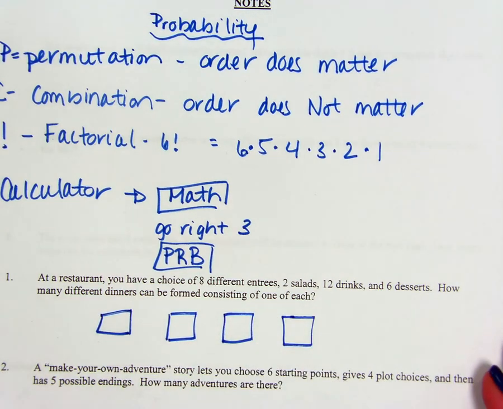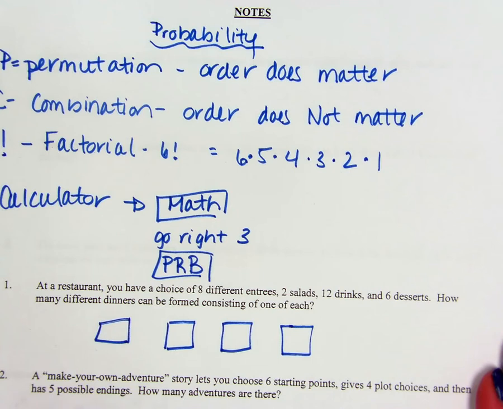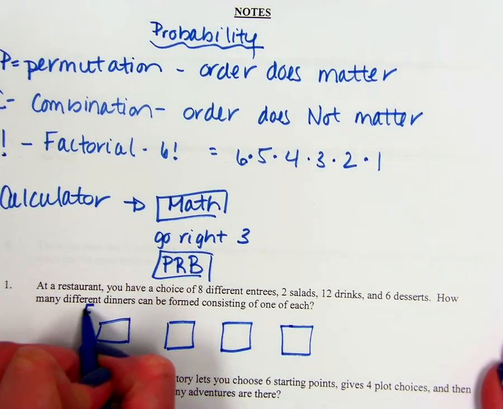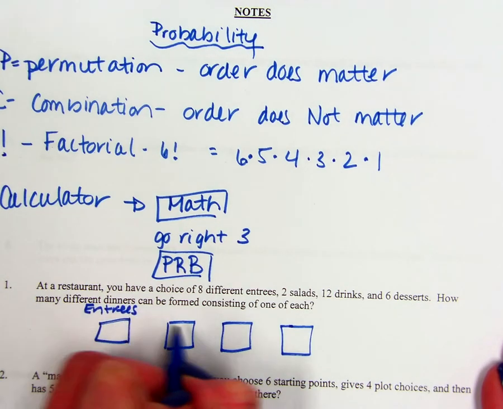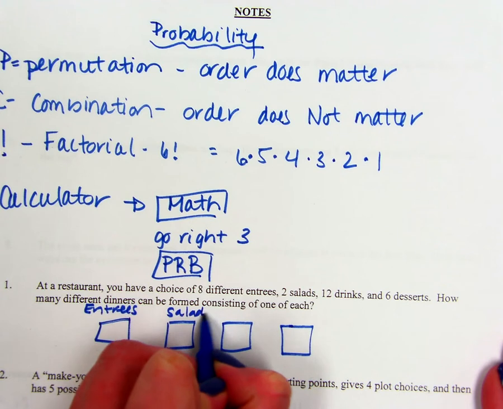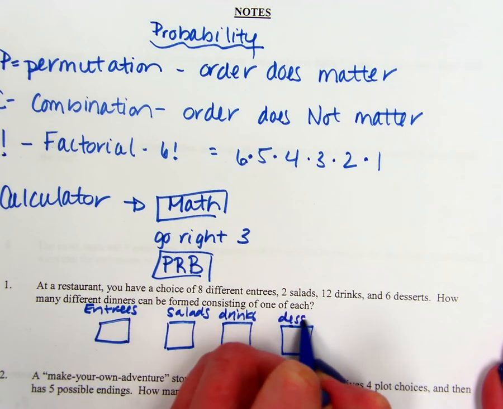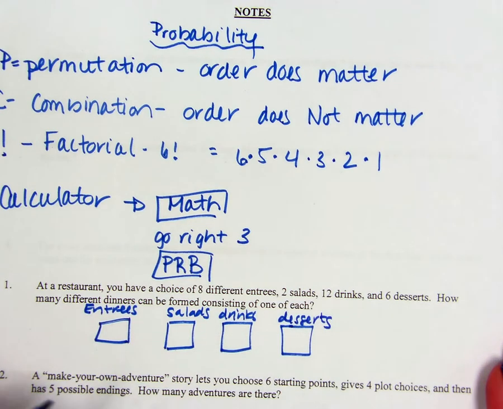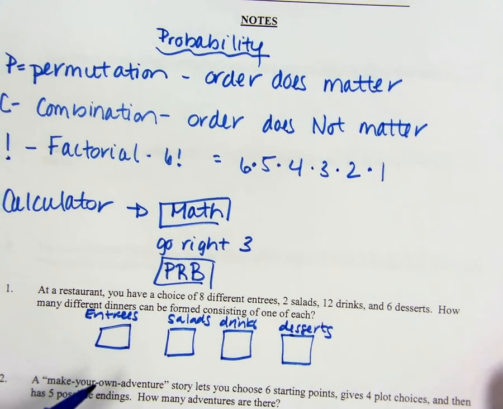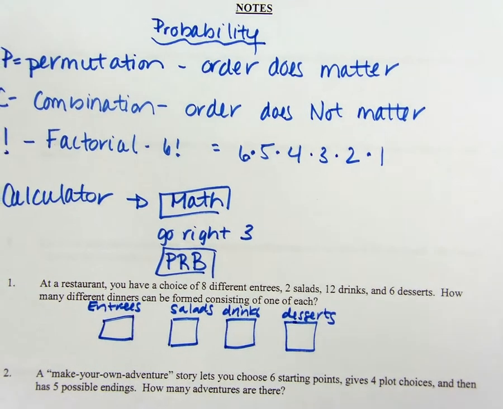I'm going to label each one of those boxes just so I remember what was what. I started with my entrees, and then my salads, onto my drinks, and then finally desserts. In those boxes, all I'm going to do is put the number for how many options I have for each of those.